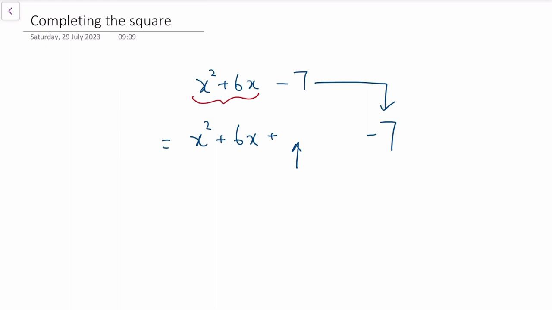But if you suddenly add something, then you have changed the expression, right? So you add something and then take the same thing away. The thing that you're gonna add would be the number in front of x divided by 2, squared. So here 6 divided by 2 is 3, so you will add 3 squared and then take the same thing away.